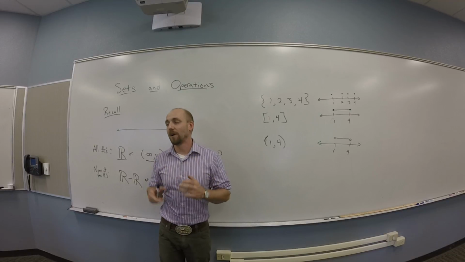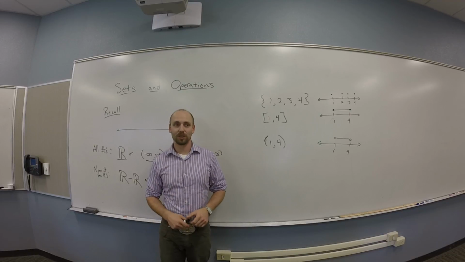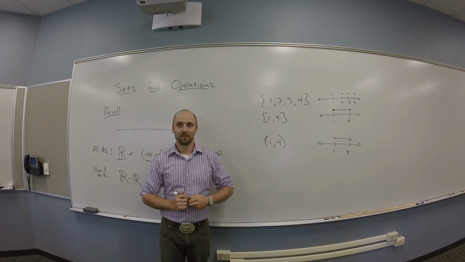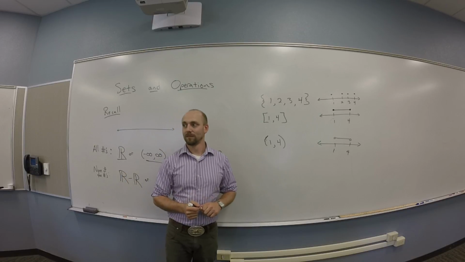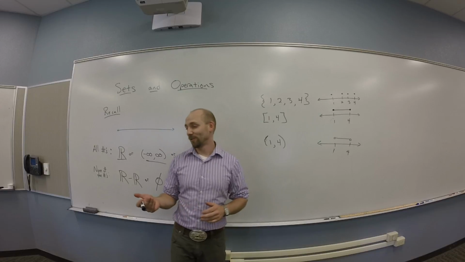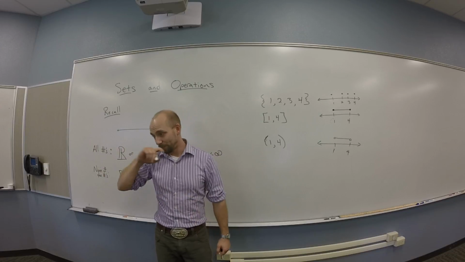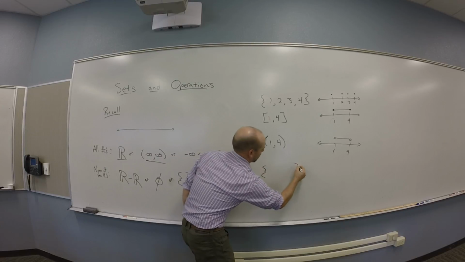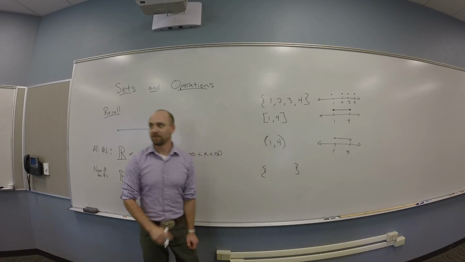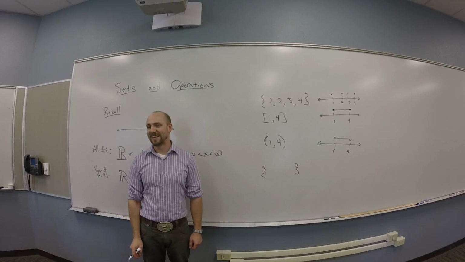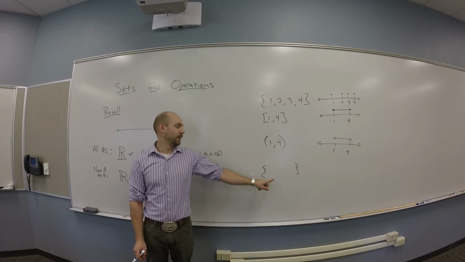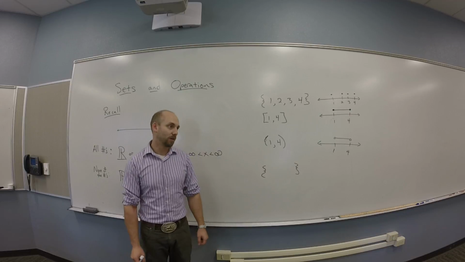What if I wanted to talk about stuff that wasn't numbers? These guys are going to be your best friend for talking about stuff that's not convenient numbers. In here you can list whatever the heck you want.